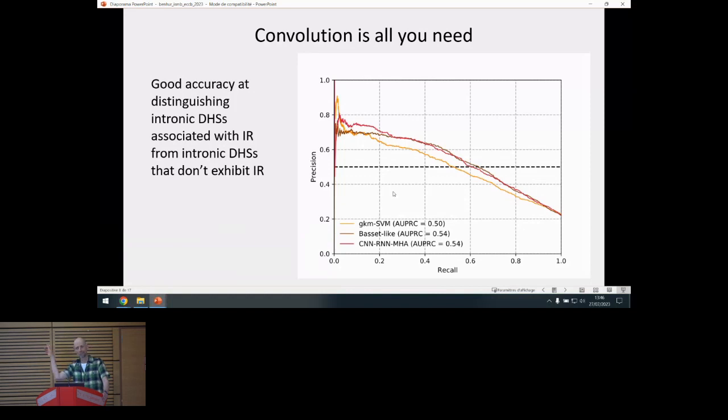By the way, the title of the slide is a little bit of a pun. Oh, there's a slide missing in this version of the talk. I had too much time after the fun dinner yesterday: convolution is all you need.